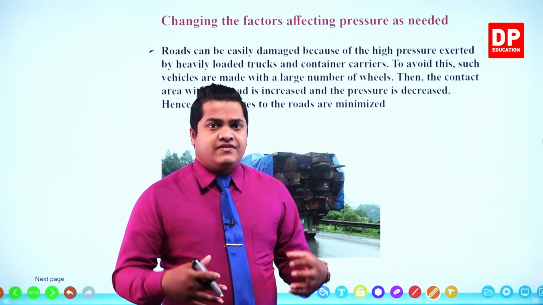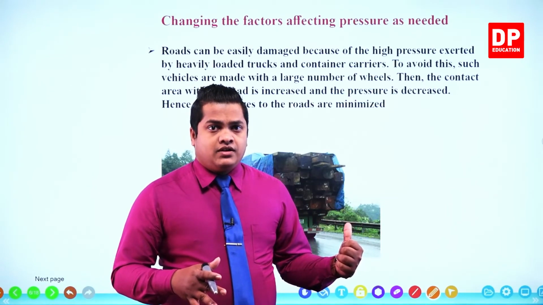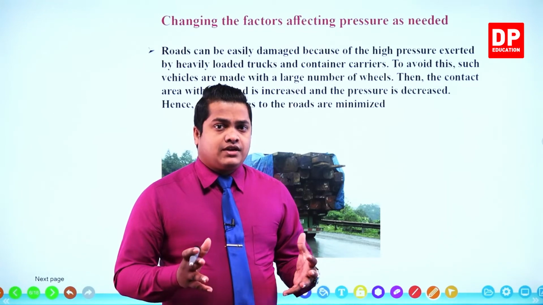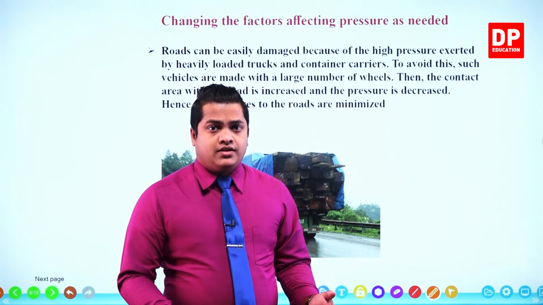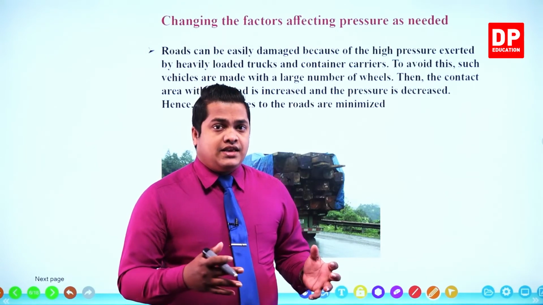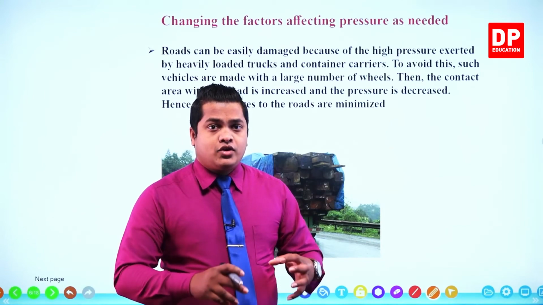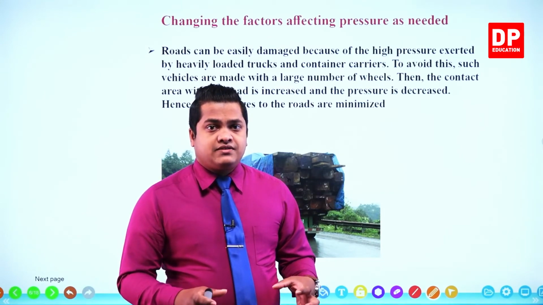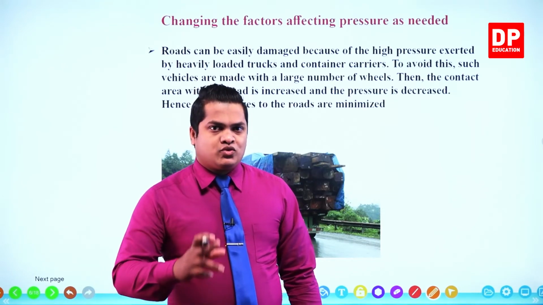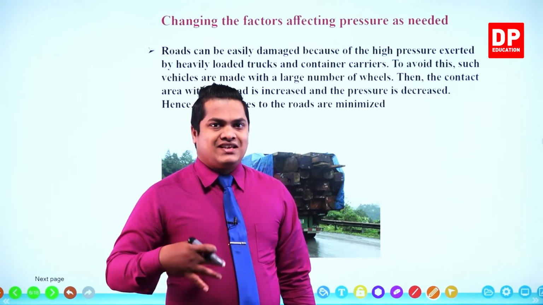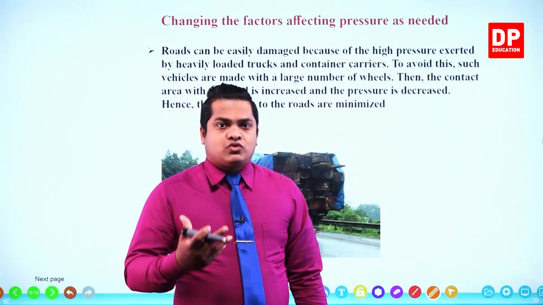So upon having several tires, like 12 here, if we assume that the contact surface of one particular tire is 1 square meter, then these 12 tires are going to contact 12 square meters of surface area. How come? Because 1 times 12. If one has 1 square meter, then 12 of them will have 12 square meters.